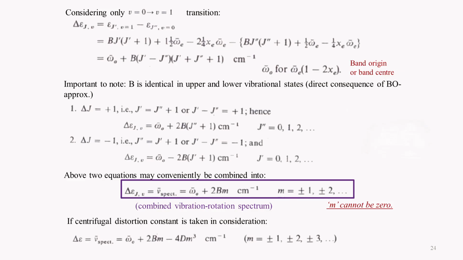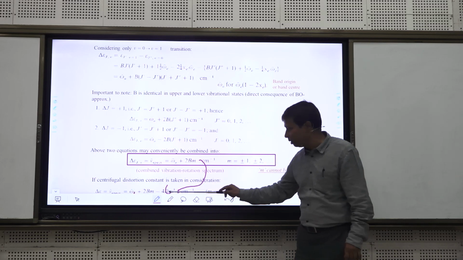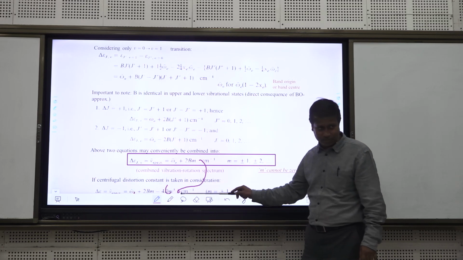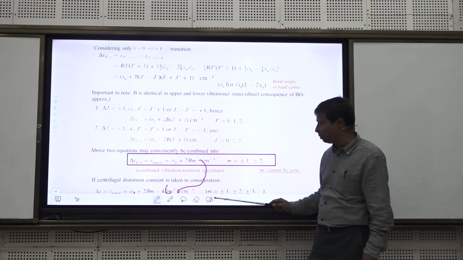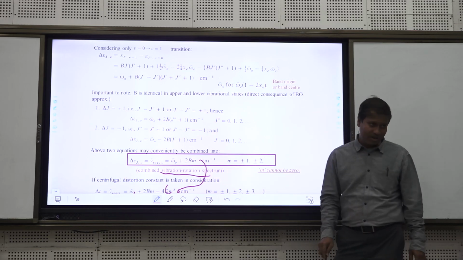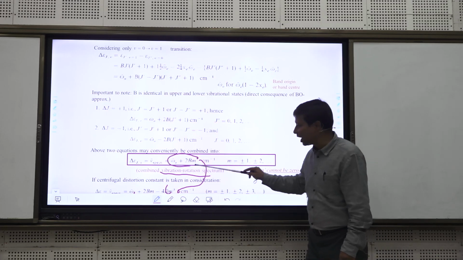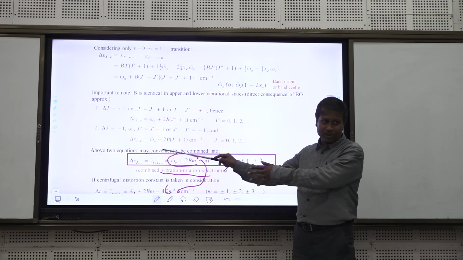If you consider the D term or H term, it becomes omega 0 plus 2Bm minus Dm cubed. Otherwise, this is the simplest example. This expression is called the combined vibration-rotation spectrum. So you can use this expression and get that spectrum.